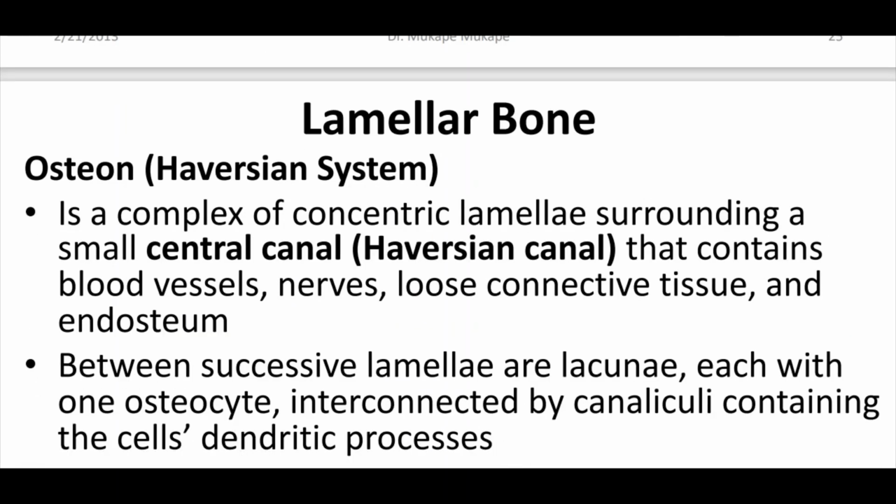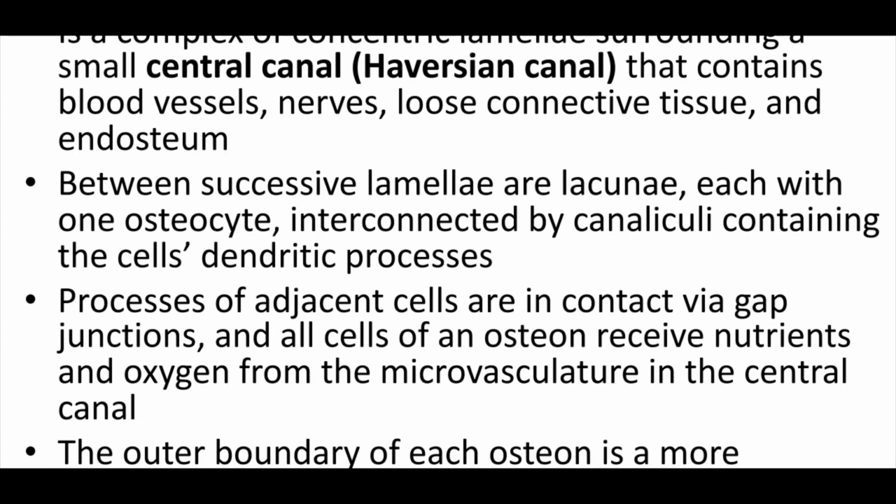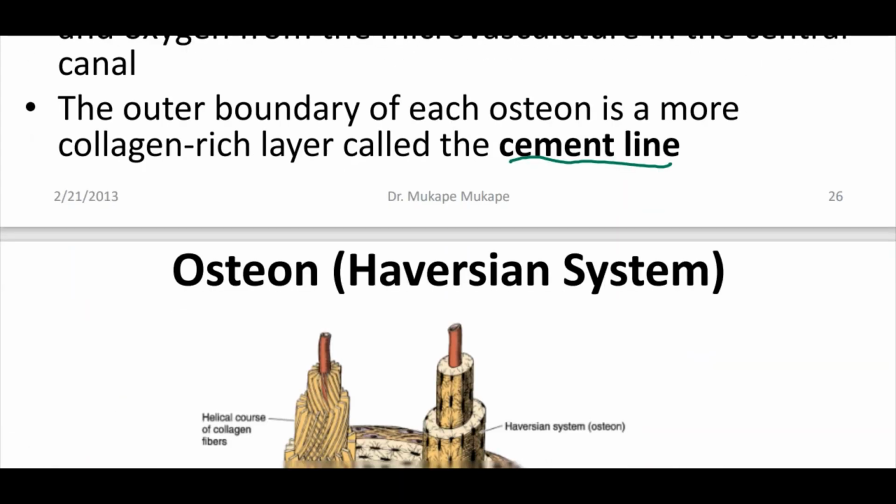All right, so the system where the lamellae are organized in concentric rings, where the collagen fibers are arranged in concentric rings around a central canal, is what we call the Haversian system.